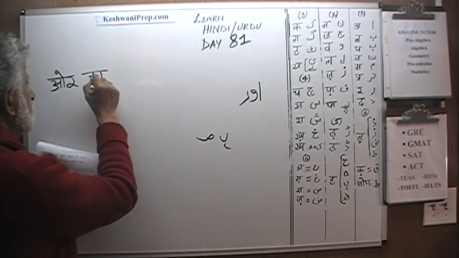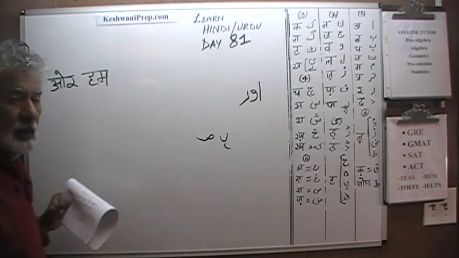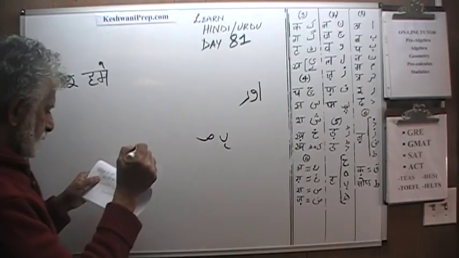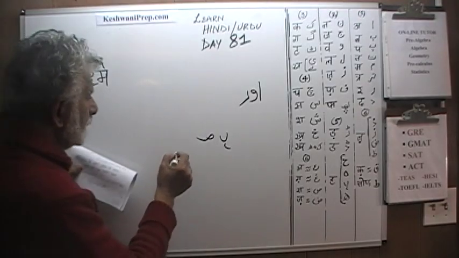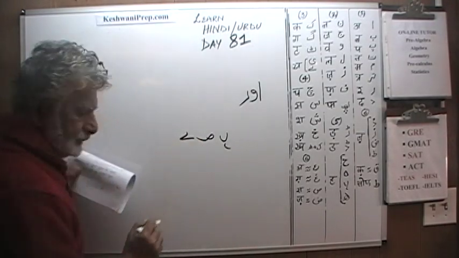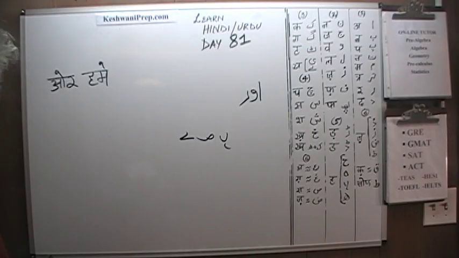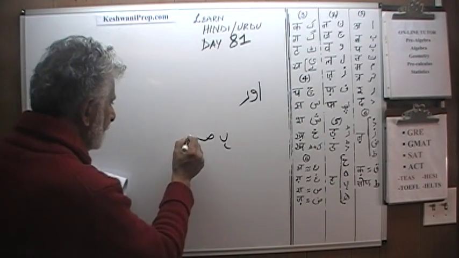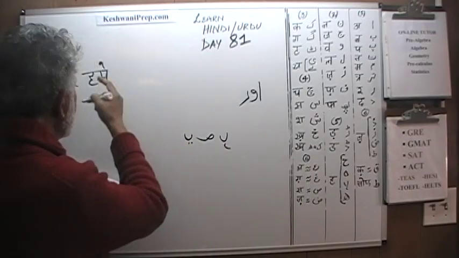Ma. We don't need a ma, we need a me. We need a badi ye. But badi ye is going to appear in the middle, so it's going to change the shape. It's going to look like this.